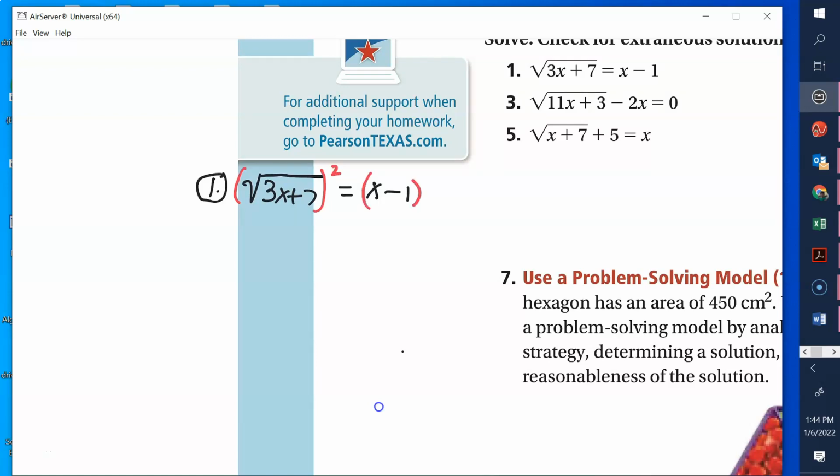On the right side, you're going to raise it to the second power. Stephen, thank you for volunteering. On the left side, Stephen, what do we have? Gabriel? Can you tell me what you have on the right side?